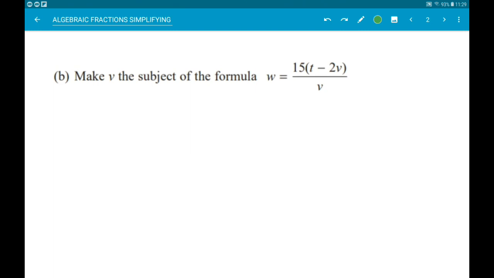So I'm going to first of all multiply through by v. So we're going to get vw. Now I'm also going to expand the brackets. So that's going to equal 15t minus 30v.